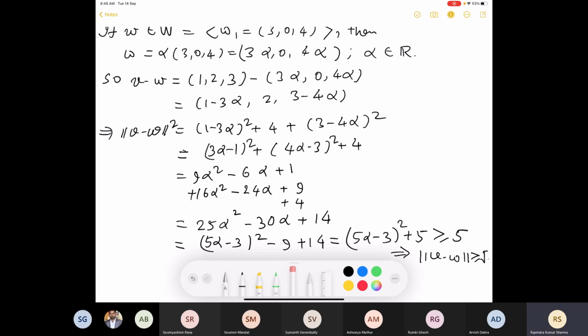And this makes norm of V minus W always greater or equal to norm of V minus W naught. So this W naught is the best approximation that we have verified. And what is W naught? (9 by 5, 0, 12 by 5).